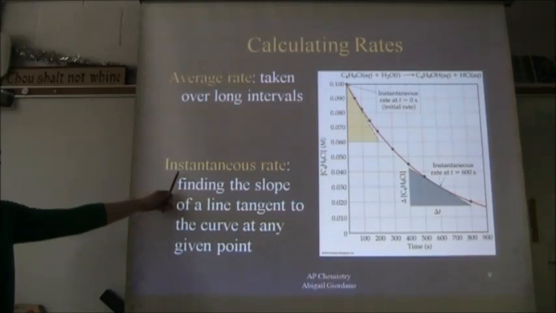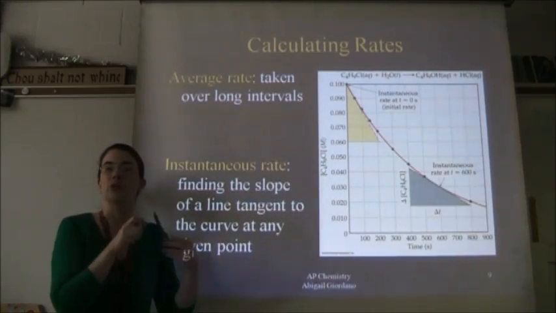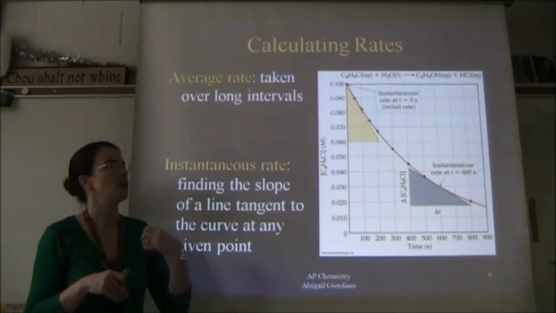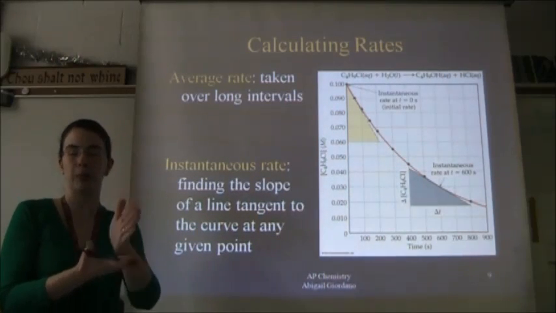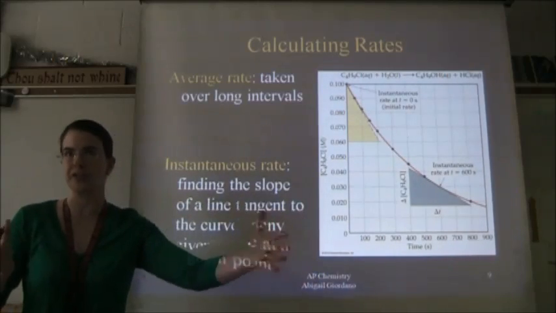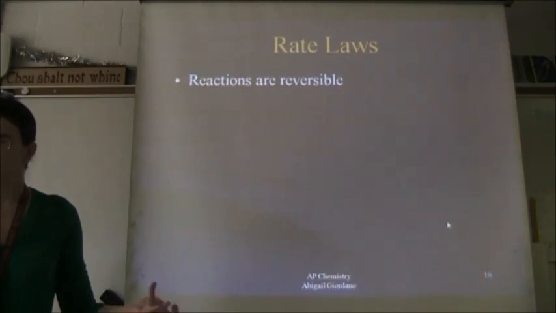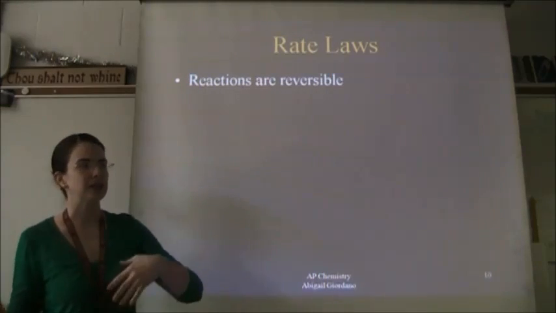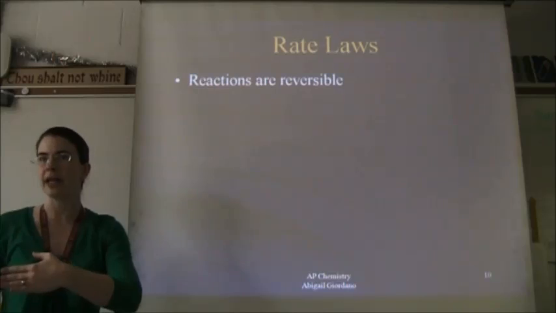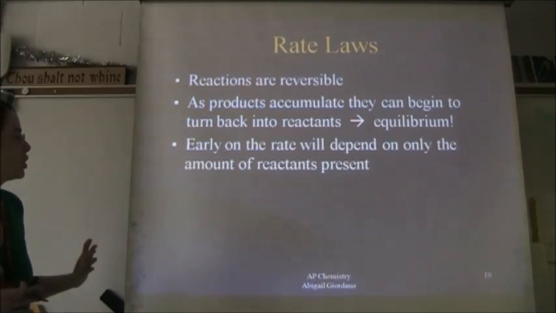The point here is, when I ask you to calculate a rate, I'm asking you for the speed at a very particular point in time, not over the course of some length of time. Now, here's the thing. We know reactions are reversible. Reactants form products. Products can form back into reactants. Until we reach equilibrium.